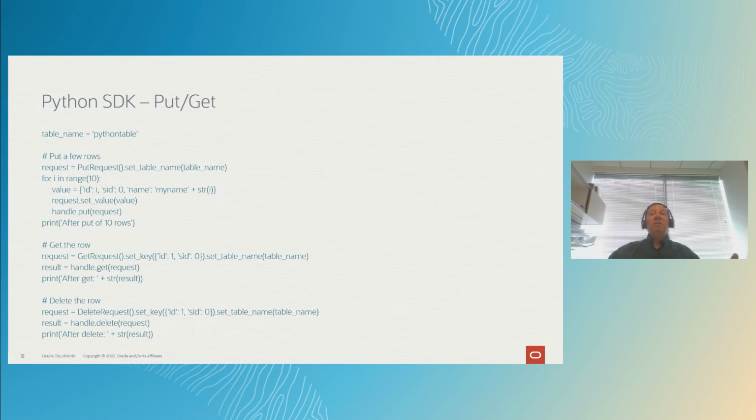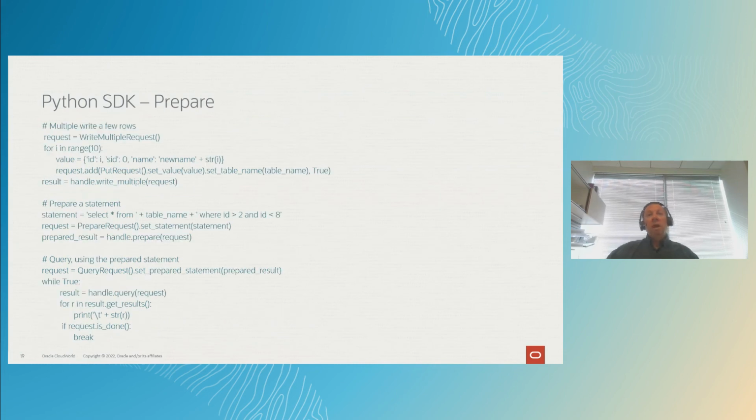So basically we set up the values we want for our table, we do the request set value, and then we do a put request. Within this loop, we're going to add 10 rows into our table. Again, all of these are very easy to use, fairly simple constructs.